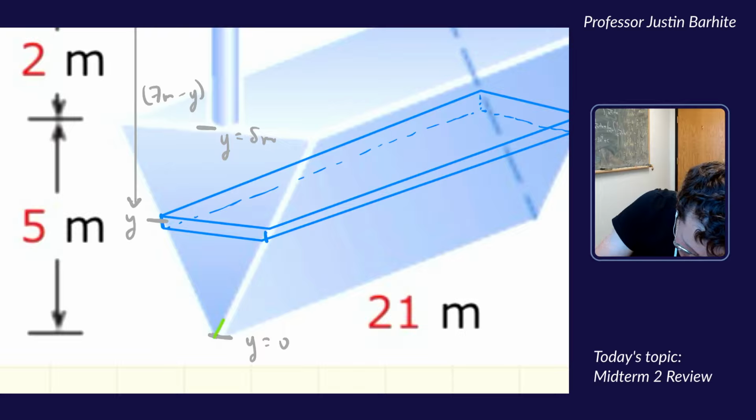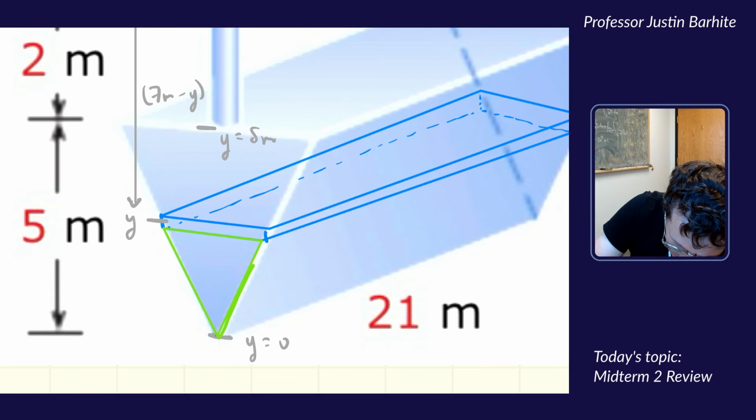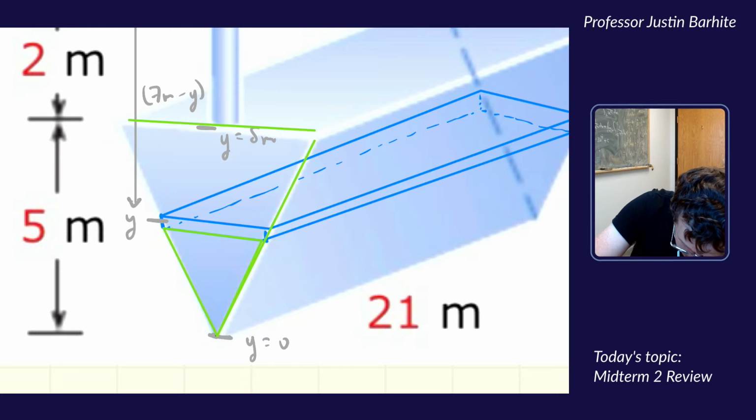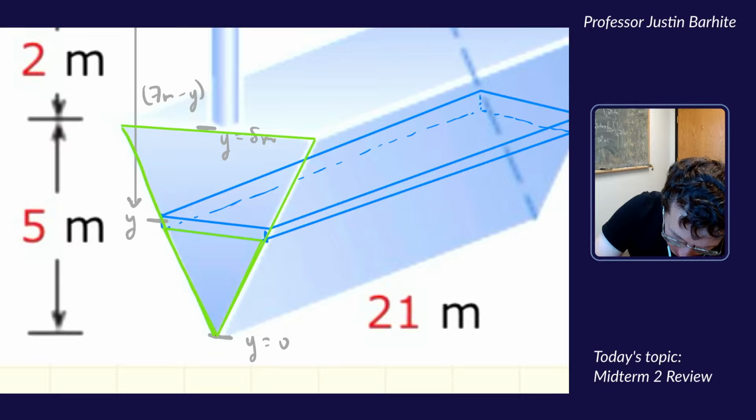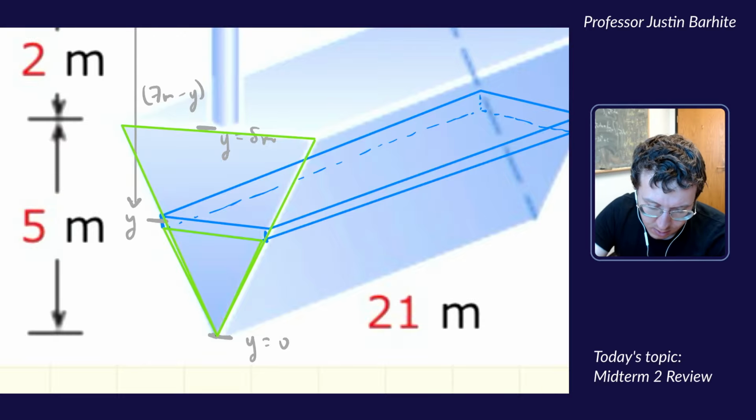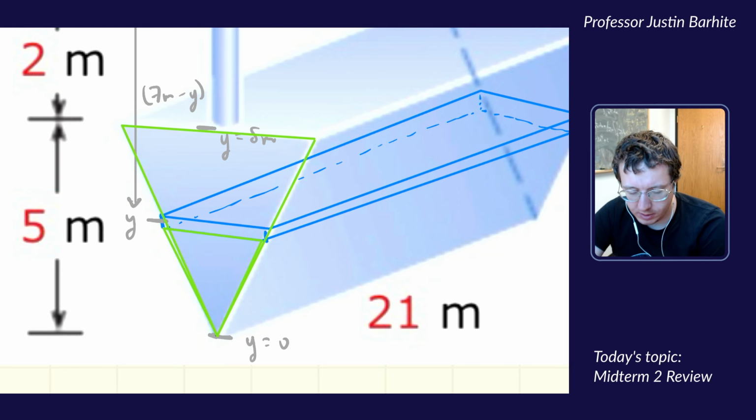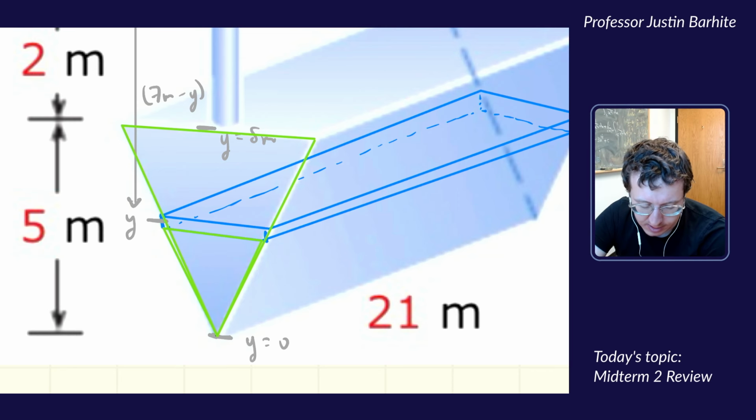The point is that these 2 triangles, it won't let me draw. It's snapping it to the grid in an annoying way. This triangle is similar to this triangle. And when you have similar triangles, the ratios of the corresponding sides are equal.